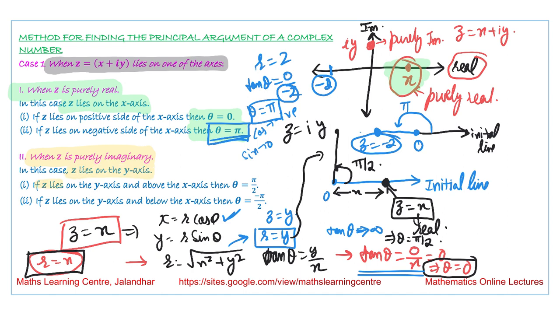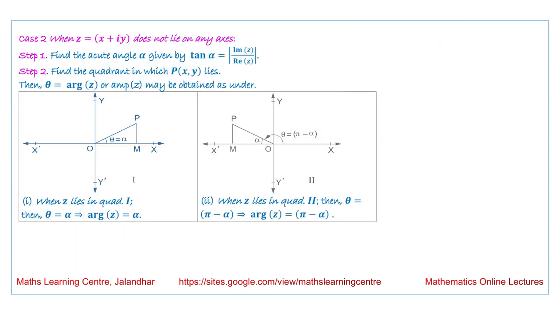Again we have two cases, either z is positive or z is negative. If it lies above the x-axis, then theta is equal to pi by 2, and if it lies below the x-axis, then theta is equal to minus pi by 2. So you can try to put different values of x and y and plot them using the polar coordinate system, or represent them in the polar form.